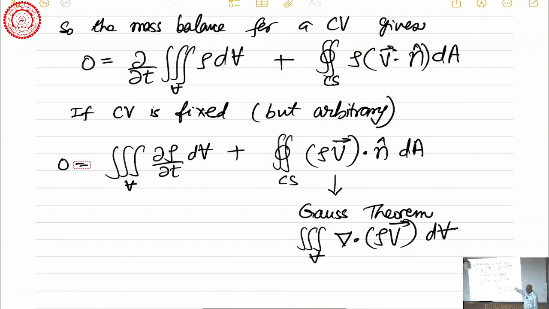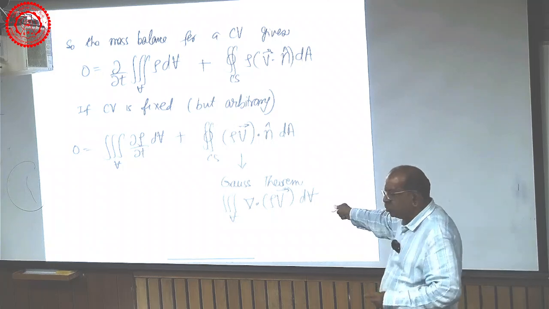And on the second term, rho v dot n dA, I can use Gauss's theorem.